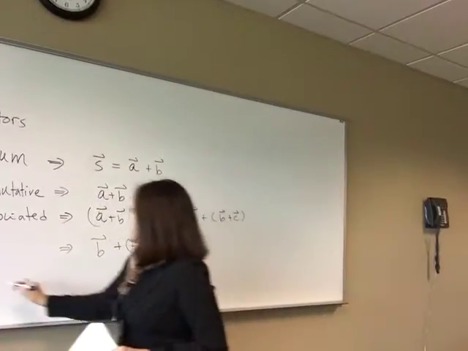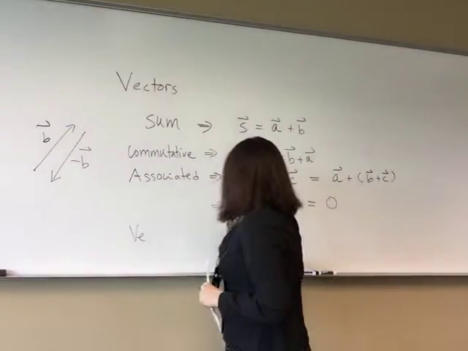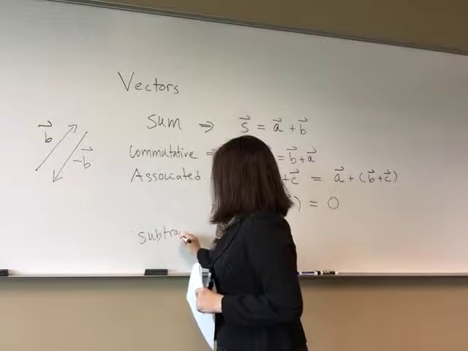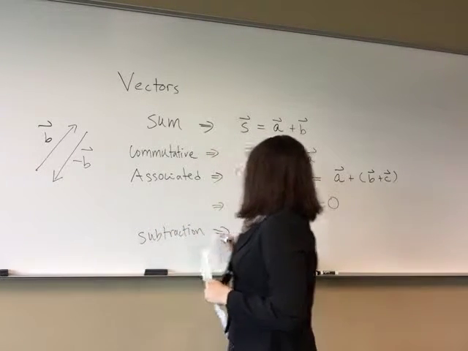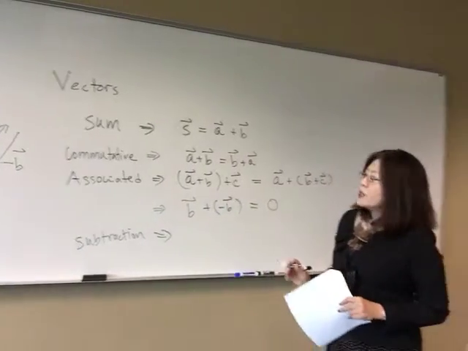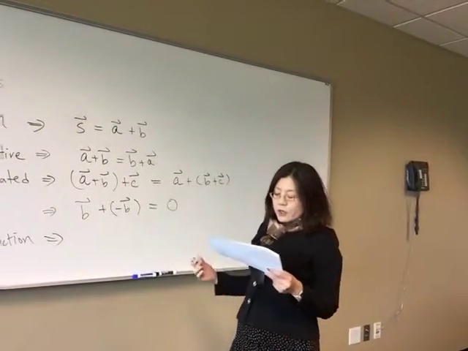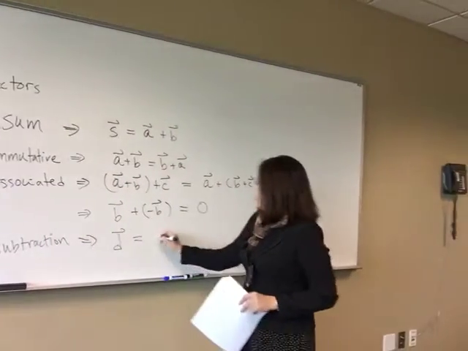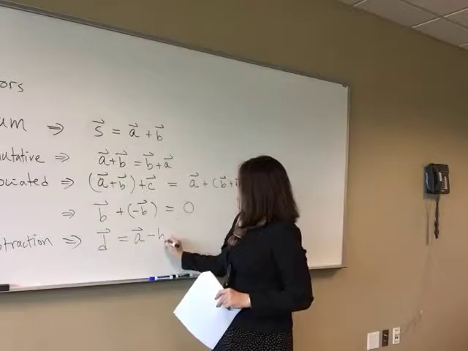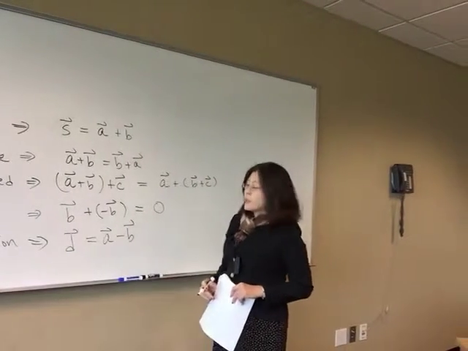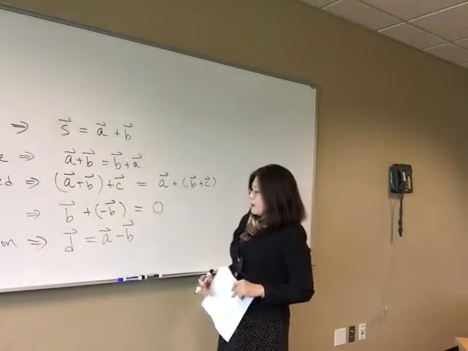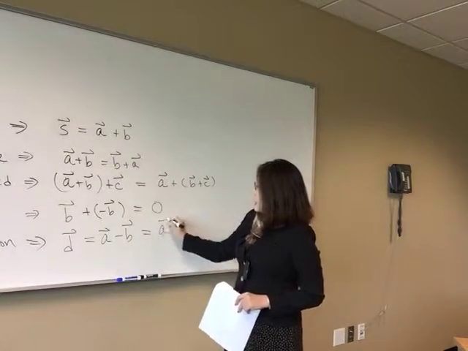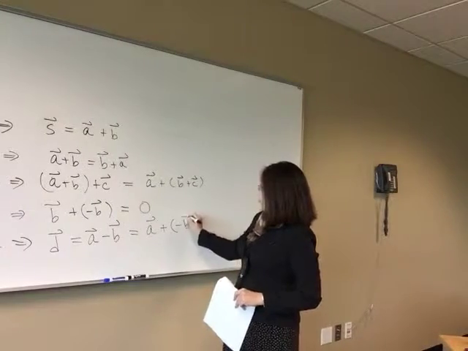Okay. So in that case, what about subtraction? How do you subtract one vector from the other? When you do subtraction, let's say we use a vector D to indicate the subtraction. So your D is equal to, if you want to do A minus B, so vector A minus vector B, this can be written as A plus negative B. Okay?